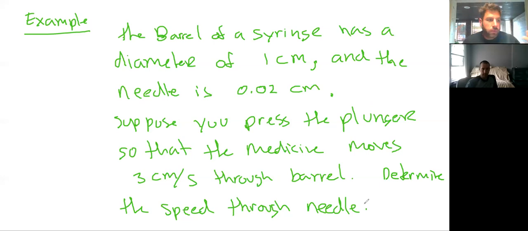And then we're asking you to determine the speed through the needle. That means we have 2 ways we might try to solve this. You try one, and if it doesn't work, then you try the other. But being that I'm given a speed and asked to determine another speed, I want to use the equation that has speeds in it. So the operative equation to use is, and let's draw a picture.